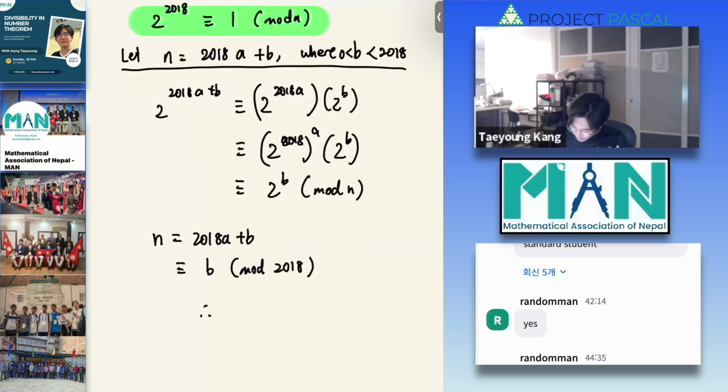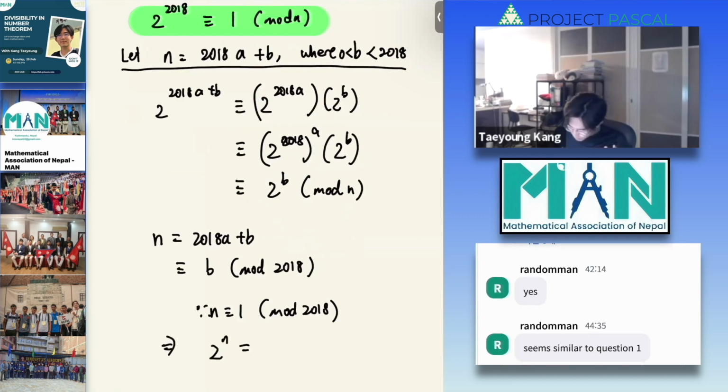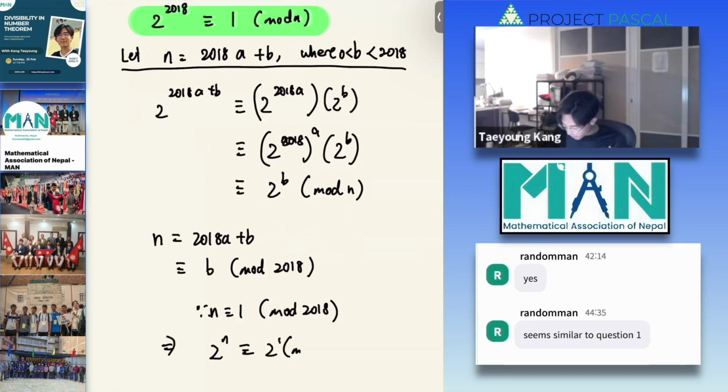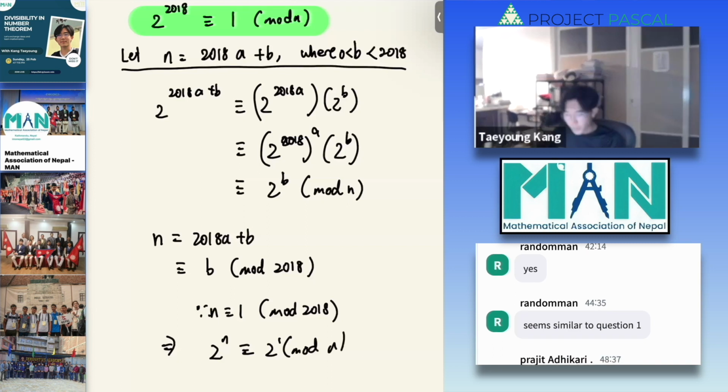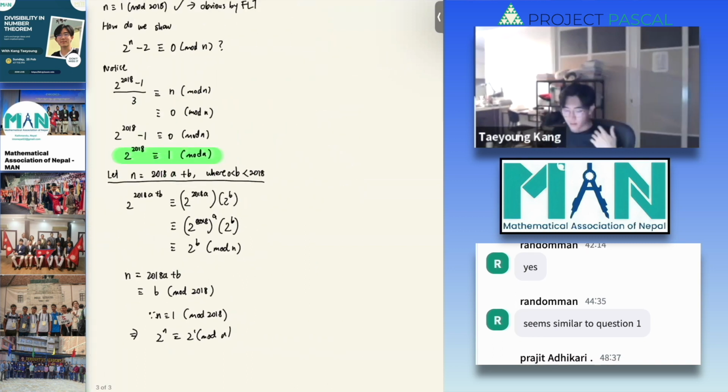Hence, since n is congruent to 1 mod 2018, it implies that 2 to the power of n is congruent to 2 to the power of 1 mod n. Are you guys clear on the link to the last part now?